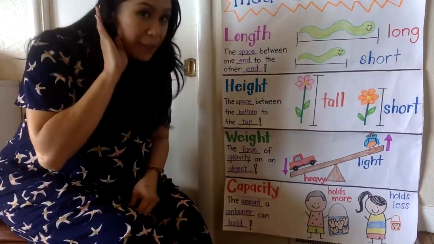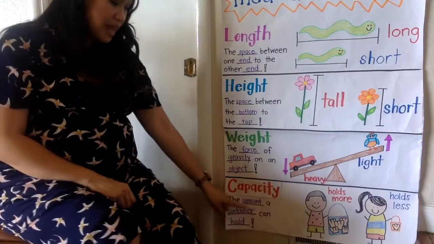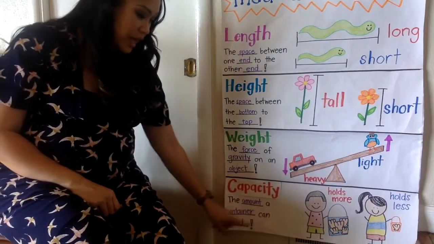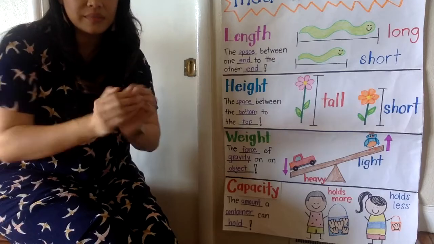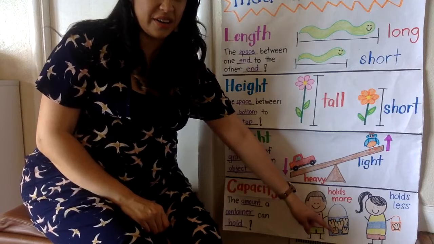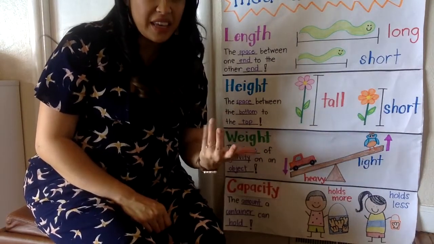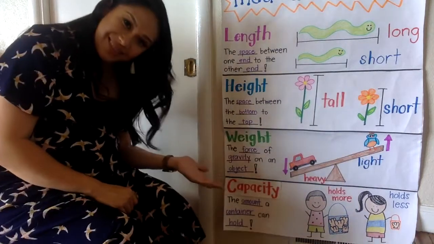Can everyone say capacity? Yeah, and capacity is the amount a container can hold. So how much can it hold? If there's a big container and it holds a lot of things, we would say that that container holds more.